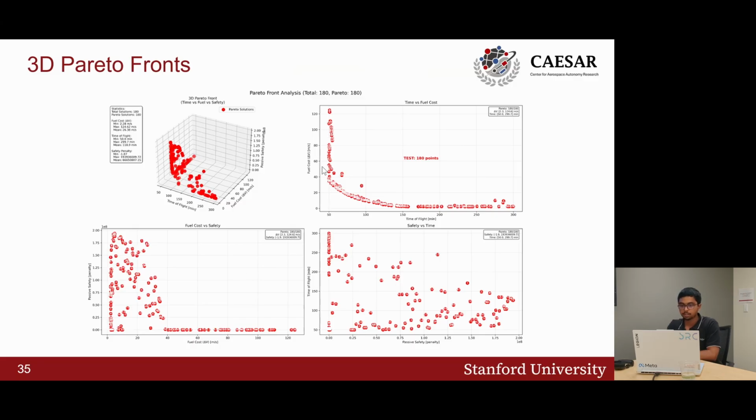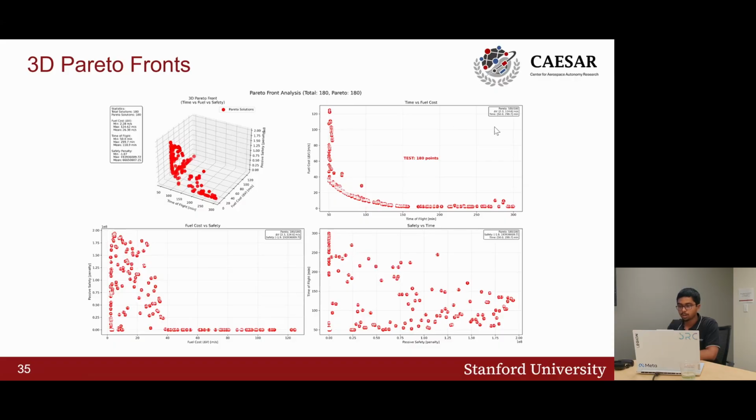Here, the main thing we need is a suitable Pareto front between the fuel cost and the time of flight. Passive safety is more binary, so we don't need a nice looking Pareto front there. Initially all of them were all over the place, but now it has converged and you can see some kind of Pareto front forming.